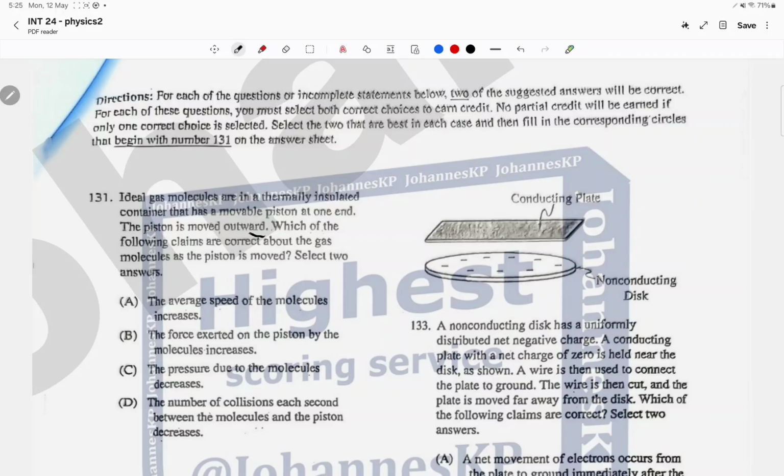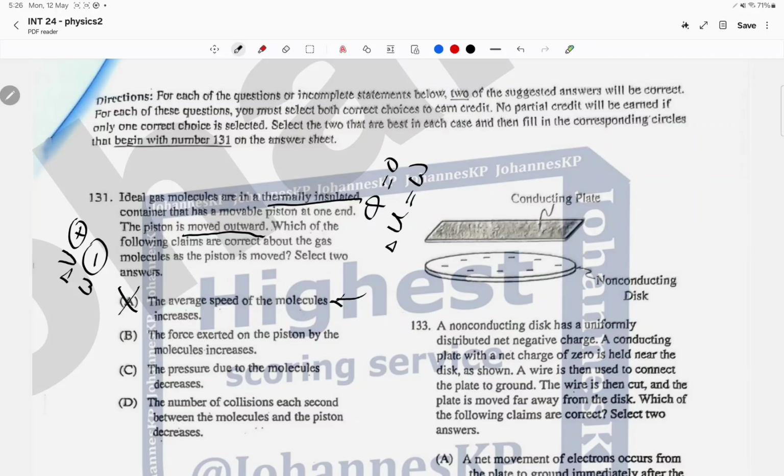131. They're okay. The piston is moved outward. That means that delta V is positive, work is negative. Yeah. Speed depends on temperature, correct? Yes. It's thermally insulated. That means that the Q is 0. So delta U is equal to work. Yes. So because work is negative, delta U is going to be negative. Temperature will decrease. Yeah, so speed will decrease.